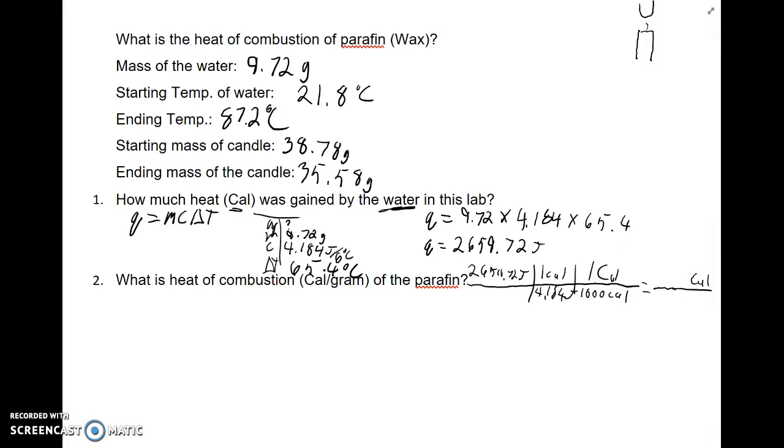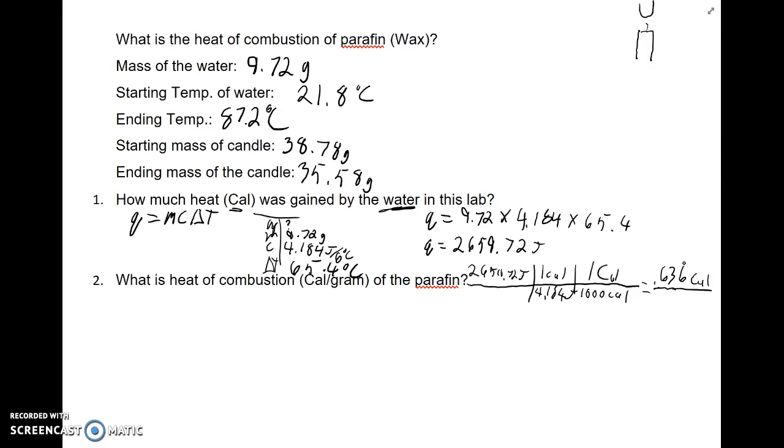If I multiply 2,659.72 times 1 divided by 4,184, that gives me 0.636 food calories.